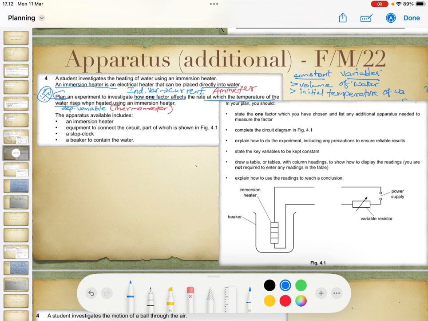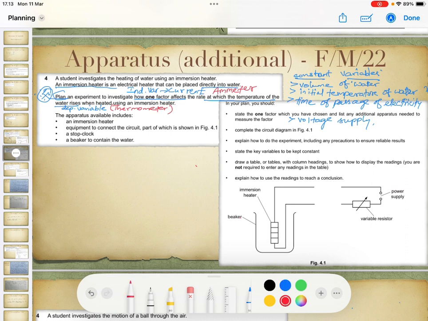Please mention it is the initial temperature of water and not the room, yeah? And then what else? Time of passage of electricity. And then we are supplying energy by the electric power supply, so we need to keep the voltage of the supply constant, right? Just a quick recap.